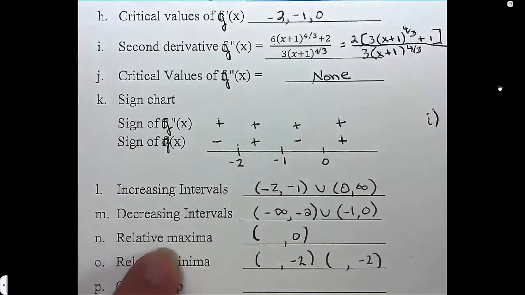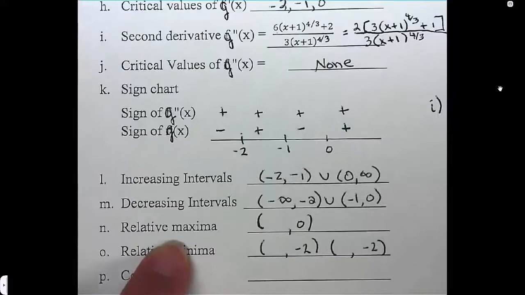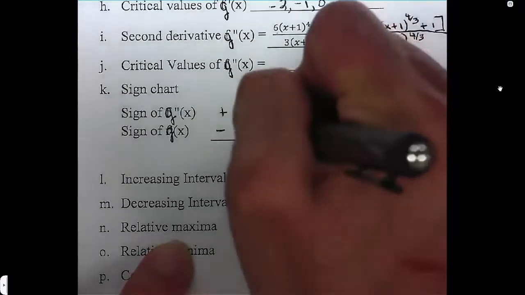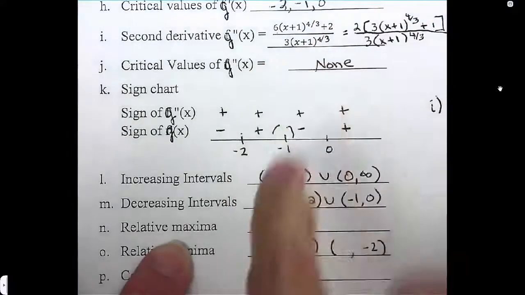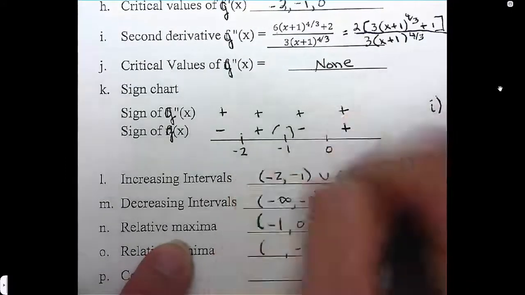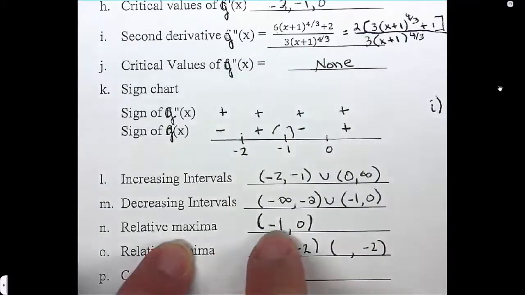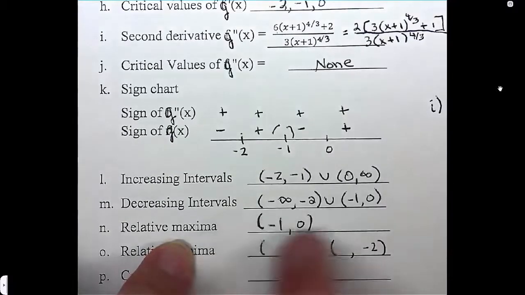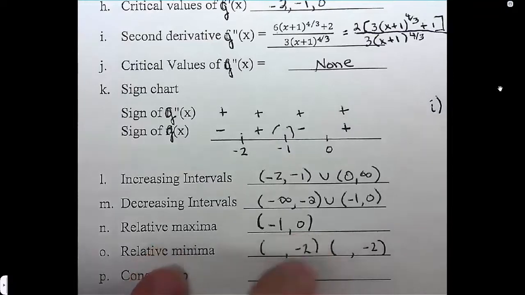Looking at the sign chart, tell me the x value of the relative maxima, where the function goes from increasing to decreasing. There's a relative max at -1. I already substituted that into the original equation and got y equals 0, just to save us time. What about relative min?